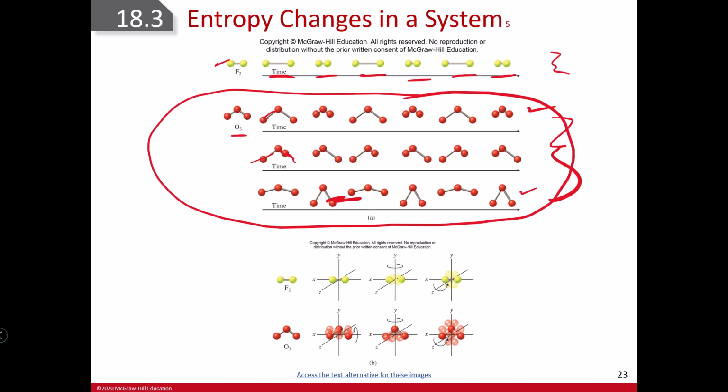This is all that the fluorine can do, it can rotate around this axis or this axis, and that's pretty much it. This one has more positions as it rotates around this axis or this one or this one. So again, you can see that ozone has a larger molar mass, it's more complex, so it's going to have a greater entropy.